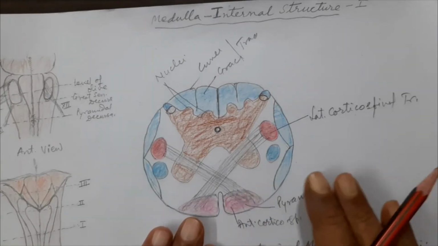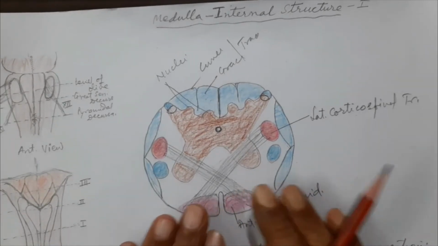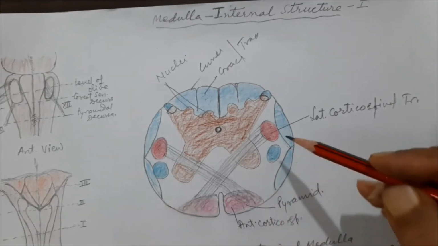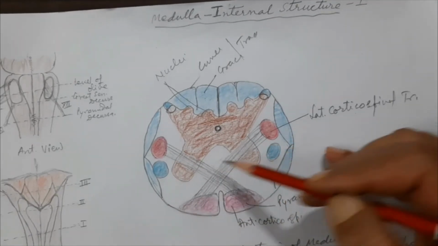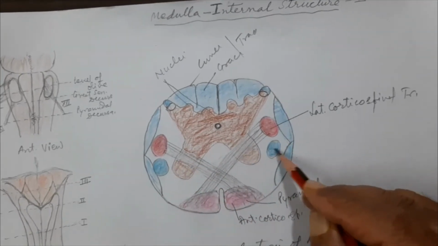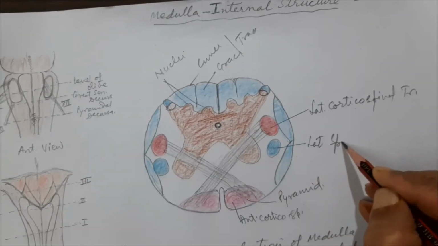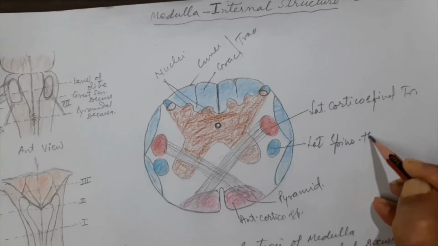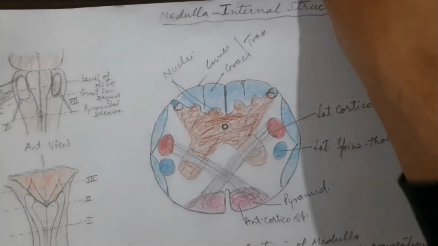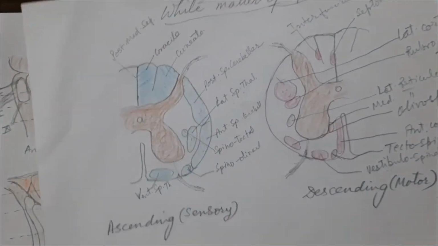After completing this white matter, let us see another structure which is present, and this I forgot to mention. It is the lateral spinothalamic tract. It was also present in the spinal cord in the same position.